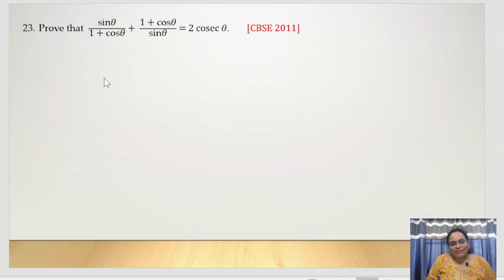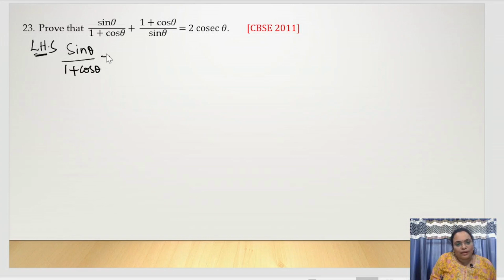So let us solve the next question. Prove that sine theta by 1 plus cos theta plus 1 plus cos theta by sine theta is equal to 2 cosecant theta. So let us take LHS first. That is sine theta by 1 plus cos theta plus 1 plus cos theta by sine theta.